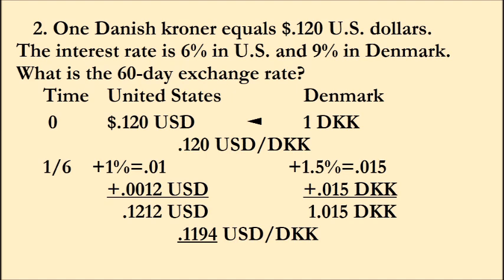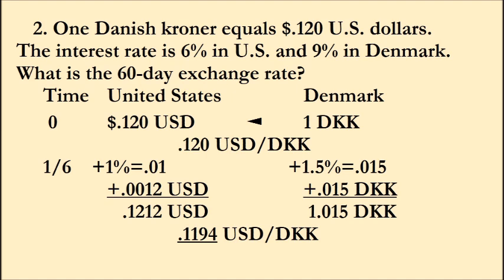And we have 6% in the US, 9% in Denmark. A 60-day exchange rate would be a sixth of a year, so that's 1% of the 6% in the US, 1.5% of the 9 in Denmark. And the exchange rate now is 0.1194, not quite reflecting that half percentage point difference.